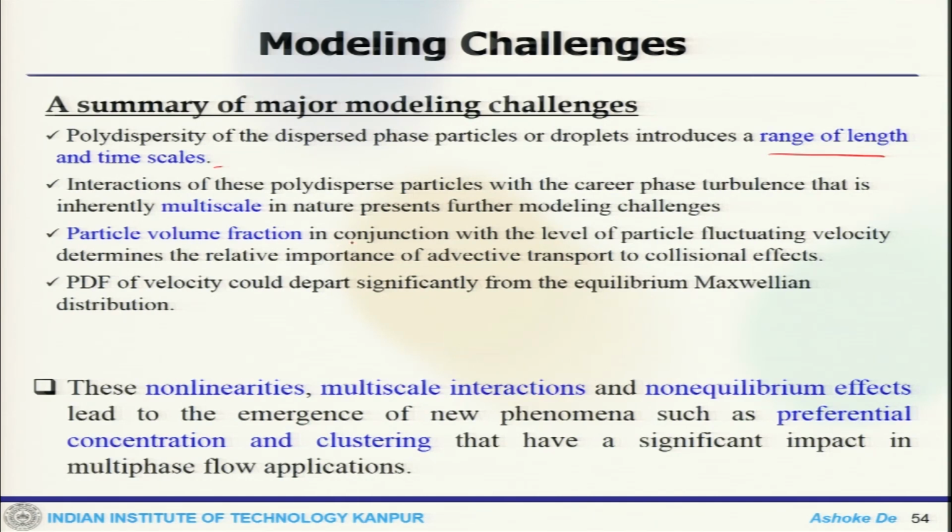The particle volume fraction in conjunction with the level of particle fluctuating velocity determines the relative importance of collision effects. And then the PDF of velocity could differ significantly from the equilibrium Maxwell distribution.